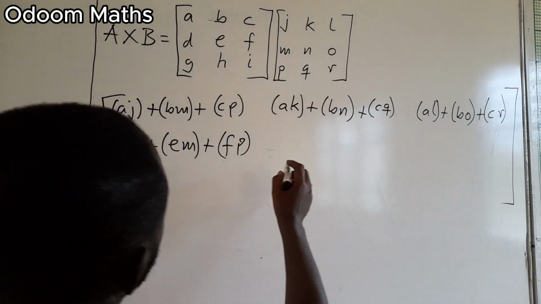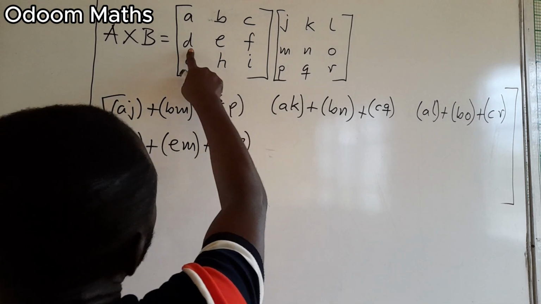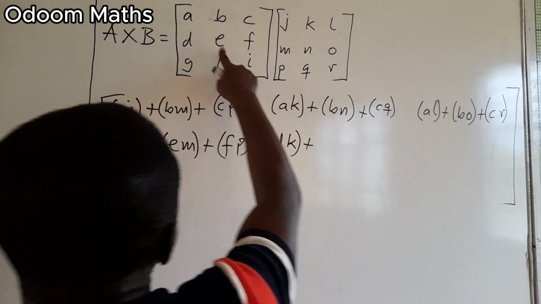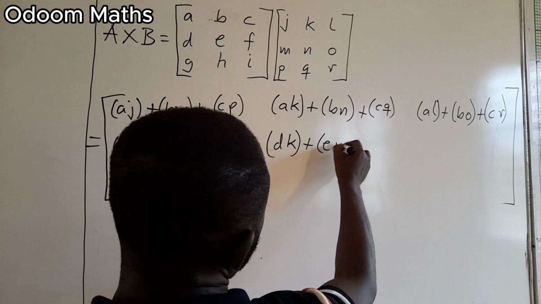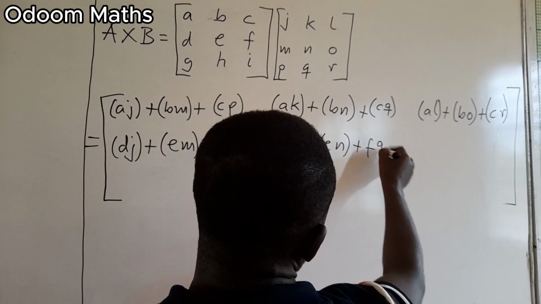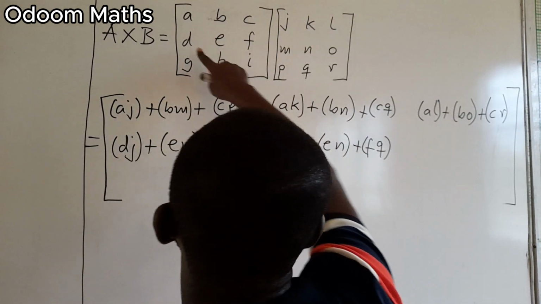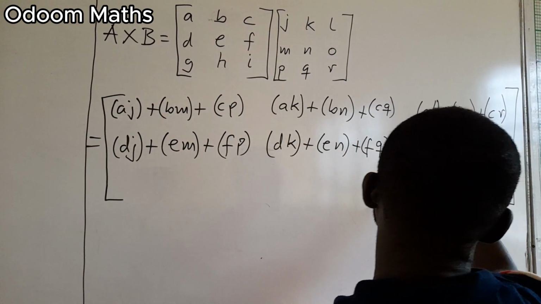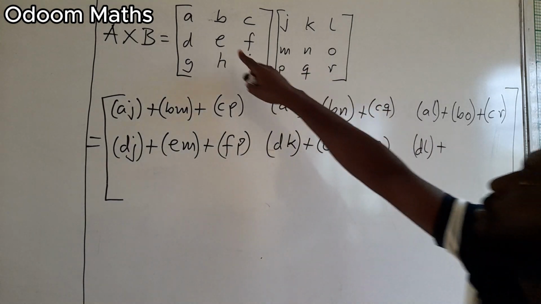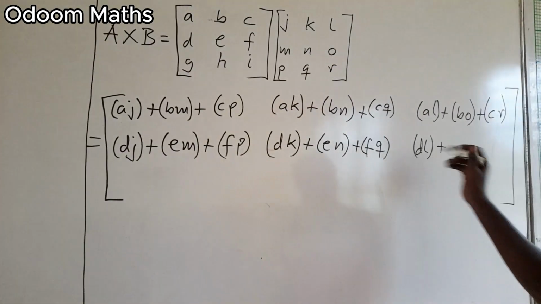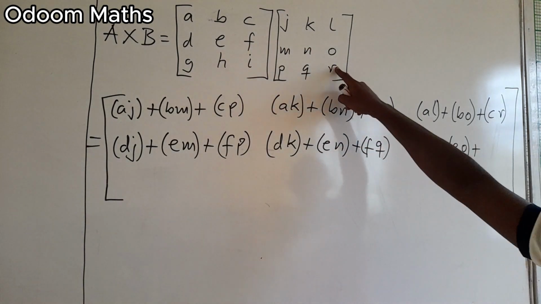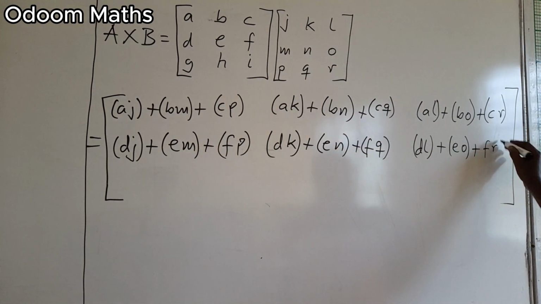Then D times K, so that is DK, plus E times N, so that is EN, plus F times Q, so FQ. Then D times L, so DL, then plus E times O, so that is EO, plus F times R, so FR.